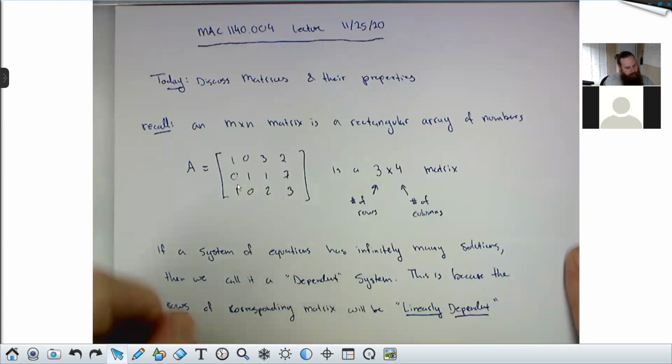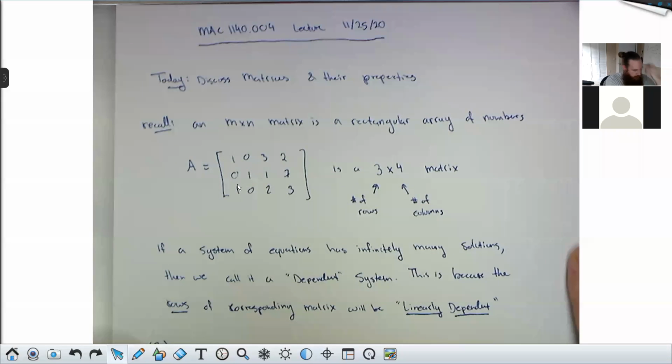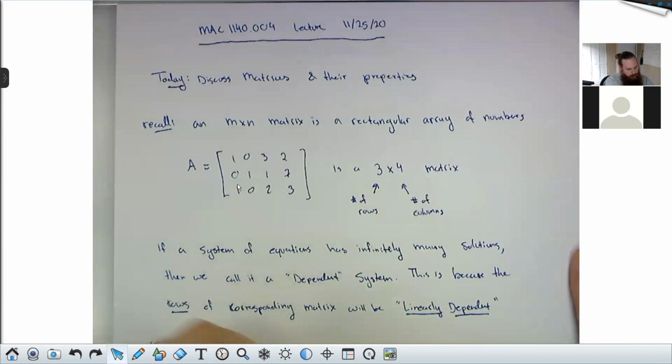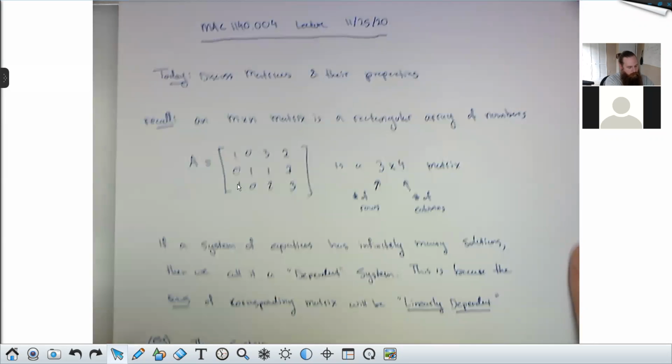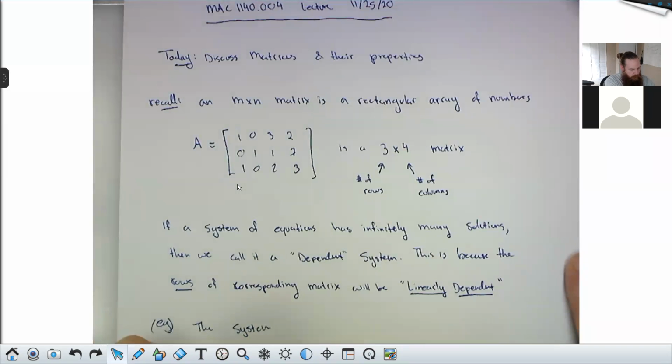the system x minus y plus 2z equals 1, and let's say 2x plus y plus 0z equals -2, and 3x plus 0y plus 2z equals -1.